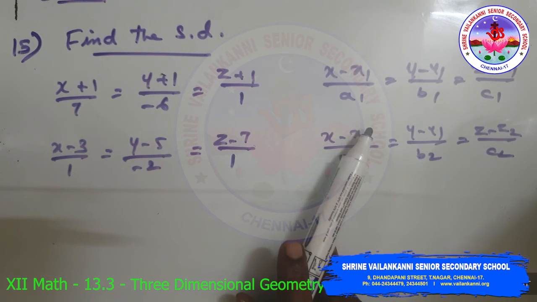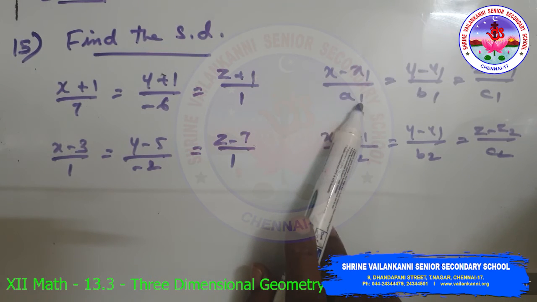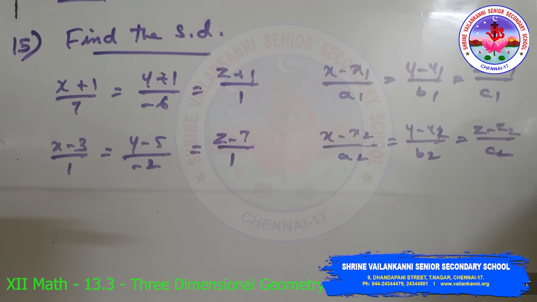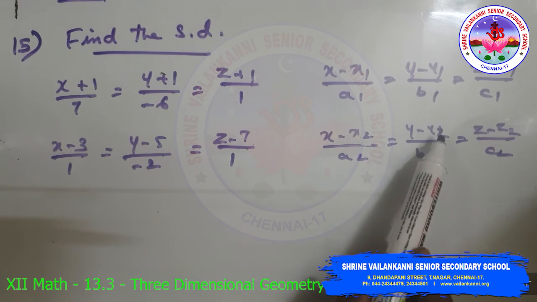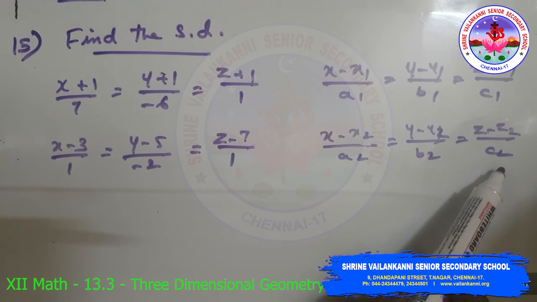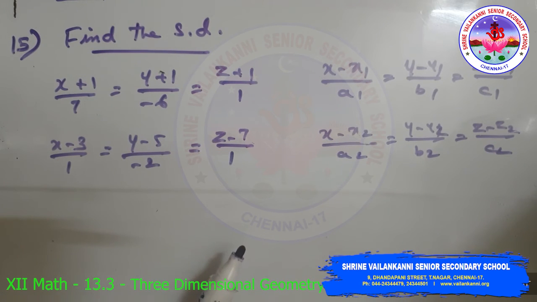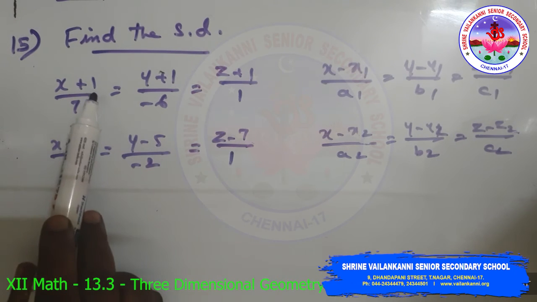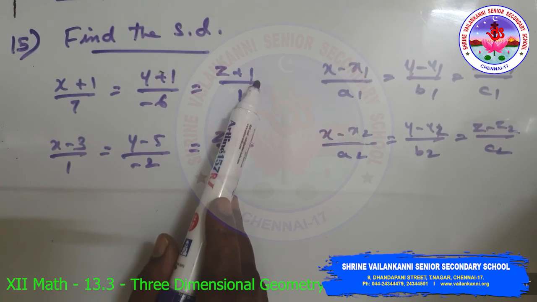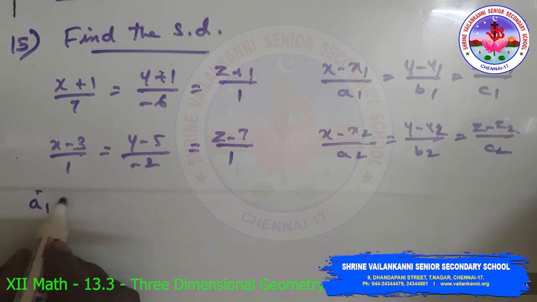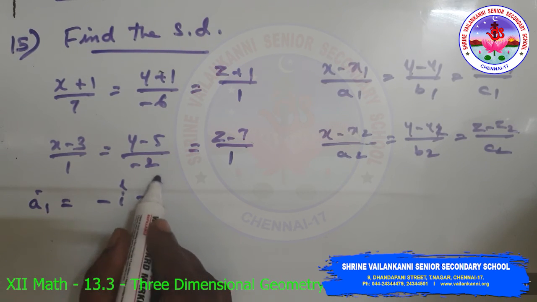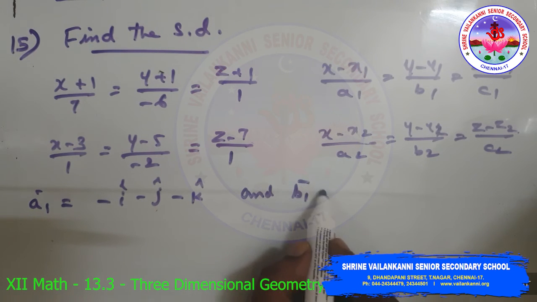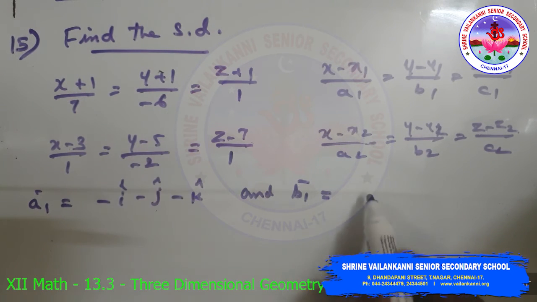In Cartesian form the lines will be (x − x1)/a1 = (y − y1)/b1 = (z − z1)/c1, and for the second line, (x − x2)/a2 = (y − y2)/b2 = (z − z2)/c2. So a1 is the point (−1, −1, −1), so the a1 vector is −i − j − k, and b1 is 7i − 6j + k.